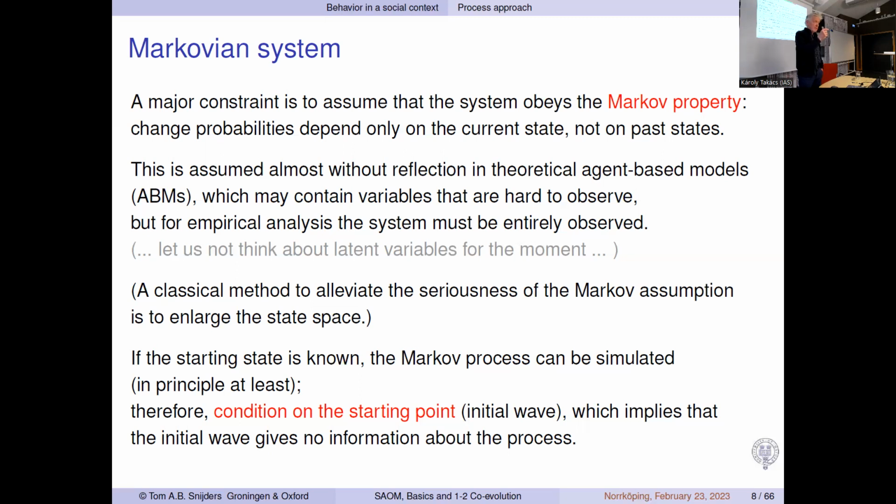So you must be able to observe all the networks, and if there is a mental state, then that mental state of the agent might be used in agent-based models. But if mental states are not observed, then you cannot use them in the kind of statistical models I'm talking about.